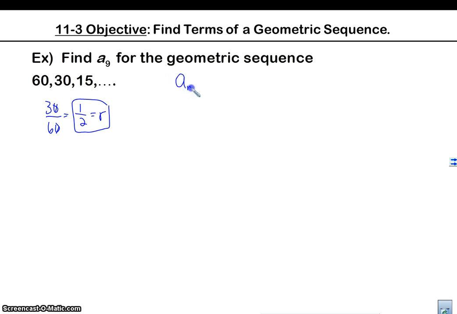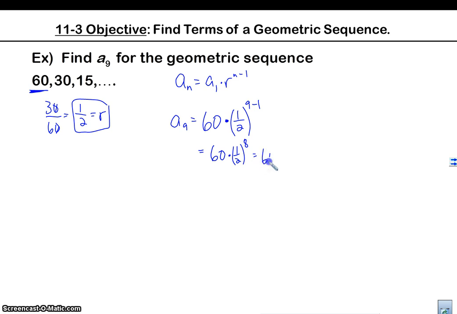So now that I have r, I'm going to use my formula. The formula was a sub n equals a sub 1 times r to the n minus 1. A sub n, what are we looking for? A sub 9. N is 9, right? A sub 1 is the first term, 60. R we found was 1/2. N is 9. So 60 times 1/2 to the 8th power.